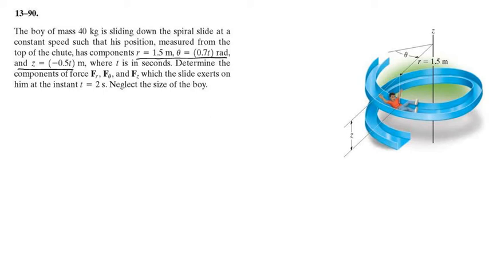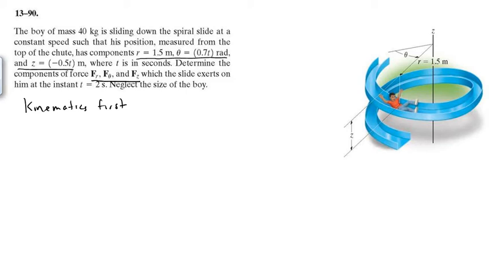Okay, so right away look at what the problem is asking for. It's asking you to figure out the components of the force, and it's asking you for the cylindrical coordinate system. So the first thing when you get these problems is to do the kinematics first. And when I say kinematics first, that means let's get the velocities and accelerations.